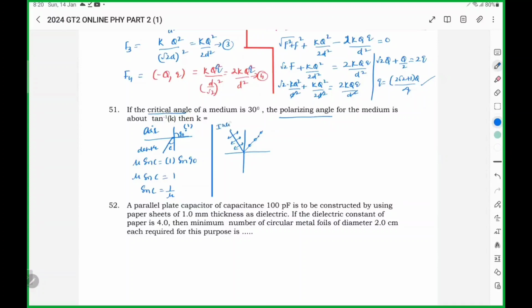This is the incident ray. It is the reflected ray and it is the refracted ray.